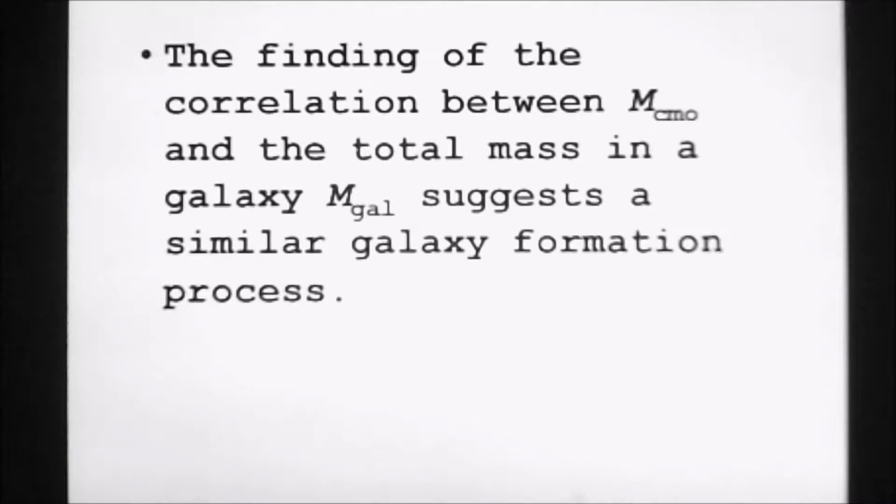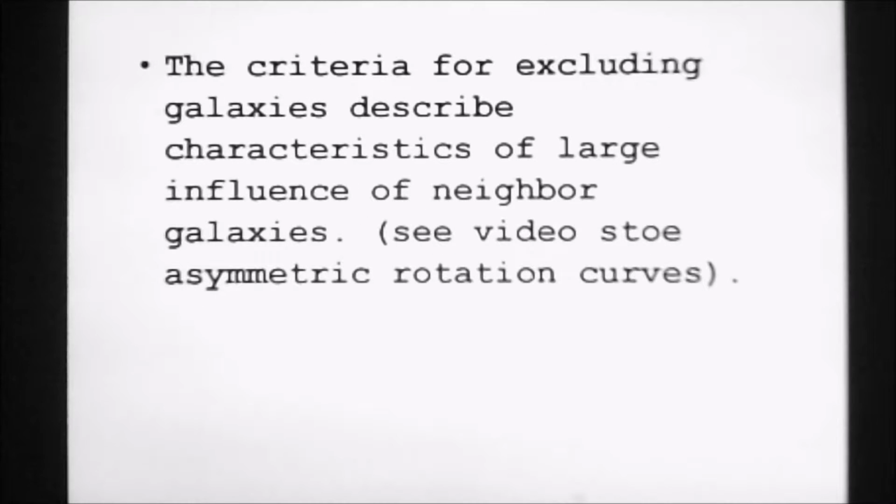The finding of the correlation between the CMO mass and the total mass in a galaxy suggests a similar galaxy formation process. The criteria for excluding galaxies describe characteristics of large influence of neighbor galaxies. See the video STOE asymmetric rotation curves.